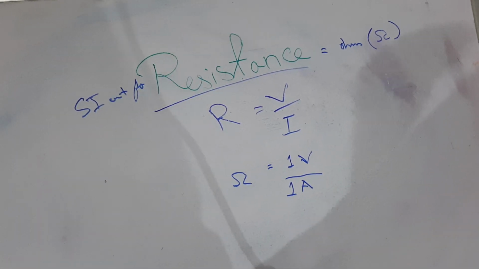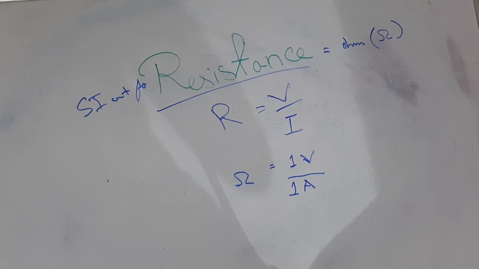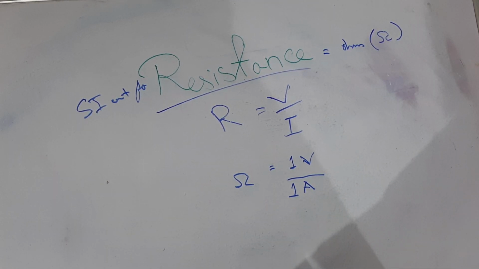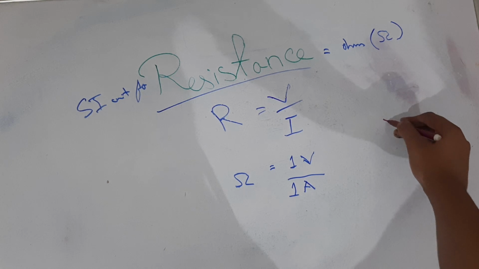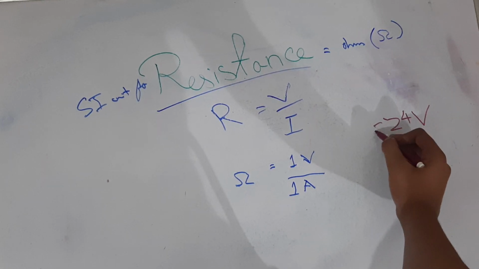Now let's solve a very, very simple numerical. The question is that a simple electric circuit has a 24-volt battery and a resistor of 60 ohms. Whenever you hear volts, it is always potential difference.